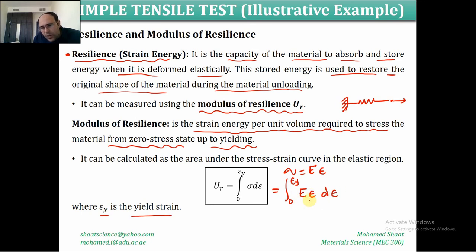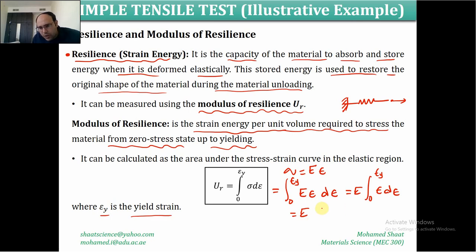Now, if you do the integration, remember E is constant. This elastic modulus is constant, so we can simply move it outside the integration. So this is going to give us E times the integration from 0 to epsilon yield of epsilon d epsilon. This is like the integration of x dx. You got my point?